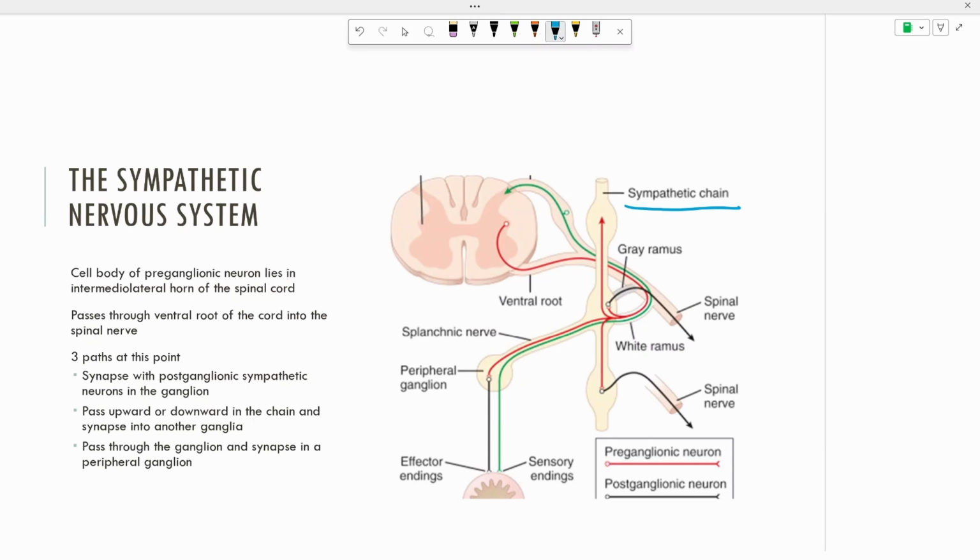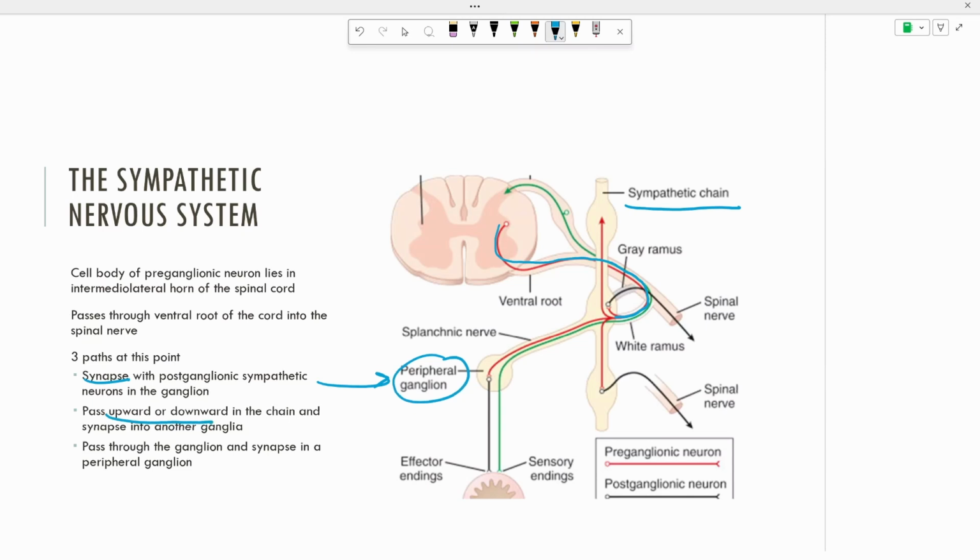So all we're saying here is that when this sympathetic impulse comes out and it goes into the ganglion, it's got three things it can do. Either it can synapse at the peripheral ganglion, which is right here, and then it goes wherever it's got to go.